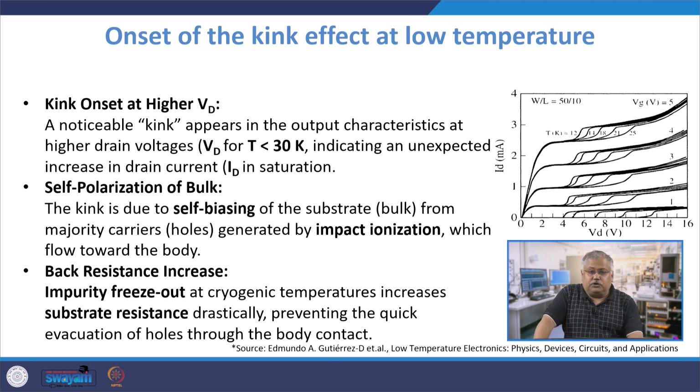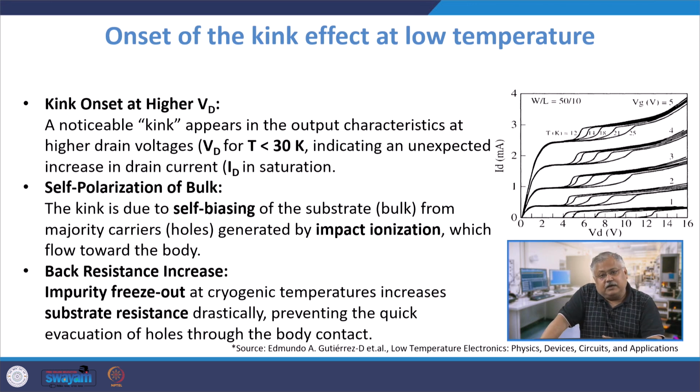Now, let us look at what is known as self polarization of the bulk. Because of a large amount of impact ionization based current flowing through the drain, there is also a current flowing through the base, and this is known as self biasing of the substrate. Electron hole pairs are always generated in pairs because you cannot have electrical non-neutrality.